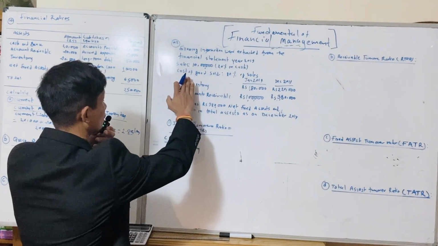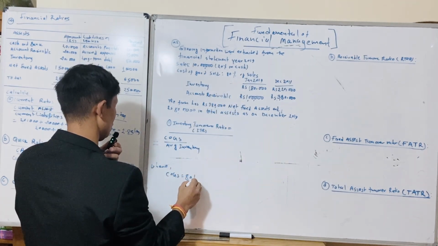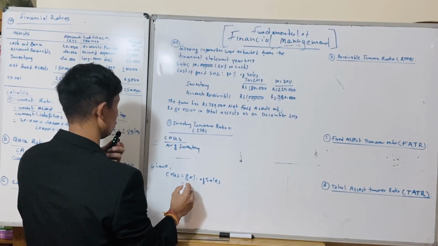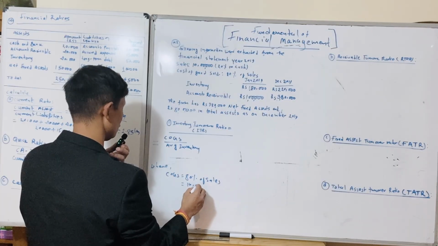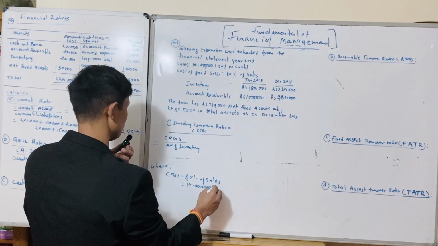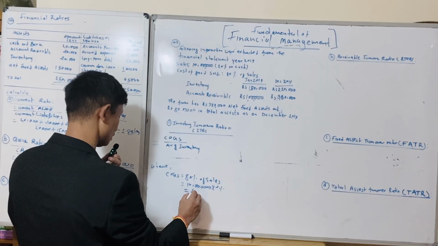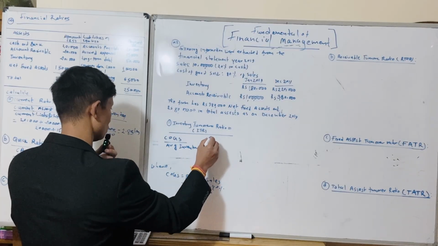It says the cost of goods sold is 80% of sales. What is the sales amount? Sales amount is 10 lakh. So 80% of sales is the cost of goods sold. That means we get 8 lakh. Cost of goods sold is 8 lakh.